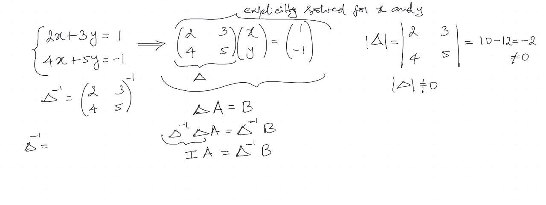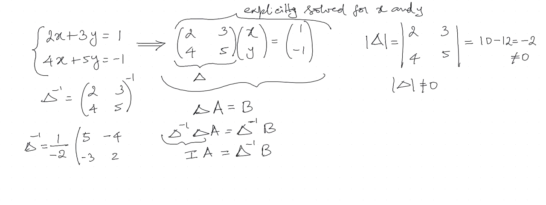Yes, uncle. So when you find the adjoint first. We already found the determinant value is minus 2. So it will be adjoint of A by determinant of A. Let me write it straight away, to see whether you know this procedure. 1 over minus 2 with the matrix 5, minus 4, minus 3 and 2.